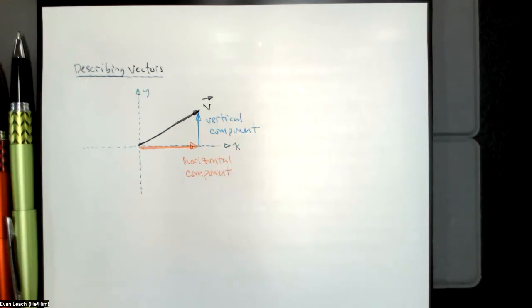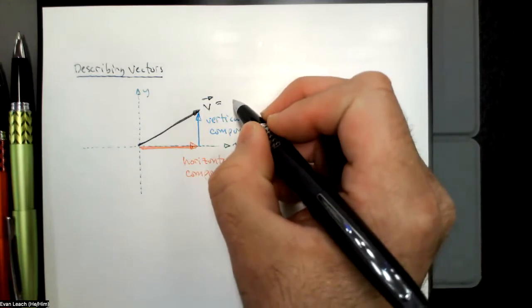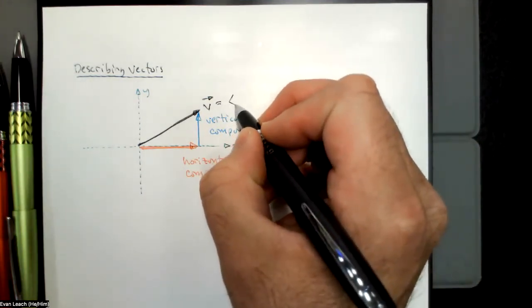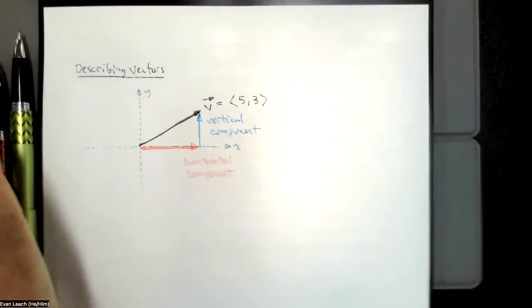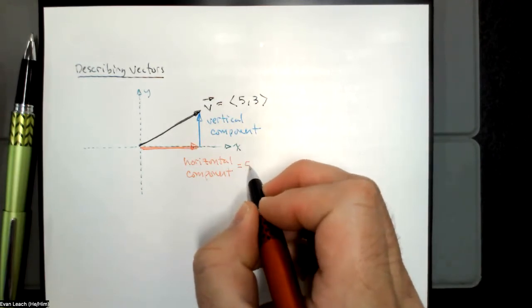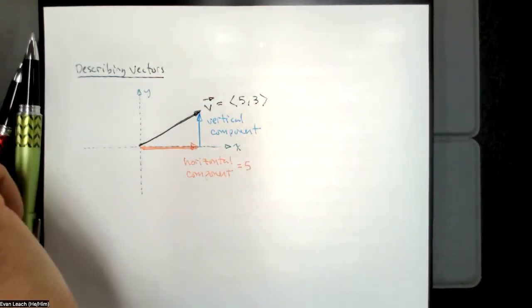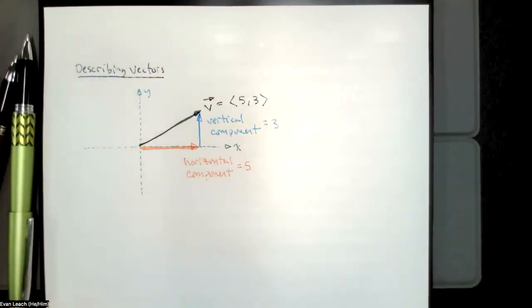So this vector might be the vector 5, 3. If I've gone from one end of the vector horizontally 5 units and vertically 3 units, I'll call this vector 5, 3.